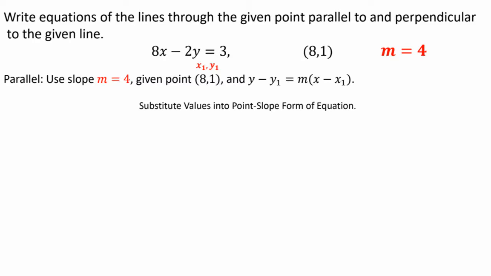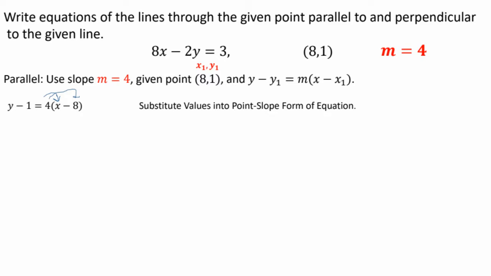If I'm given a point and the slope, I can just plug in the values. Here (x1, y1) is the point you want to go through, and m is the slope. Once I do that, I have y - 1 = 4(x - 8).